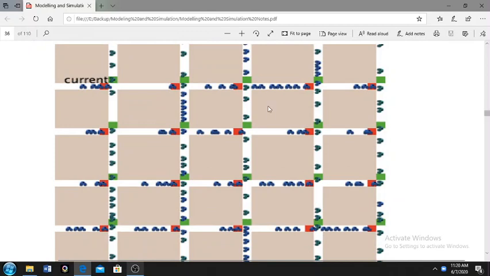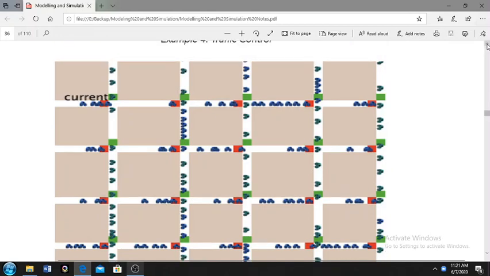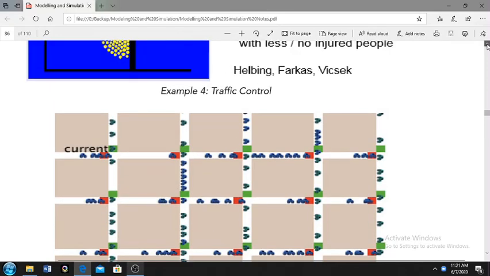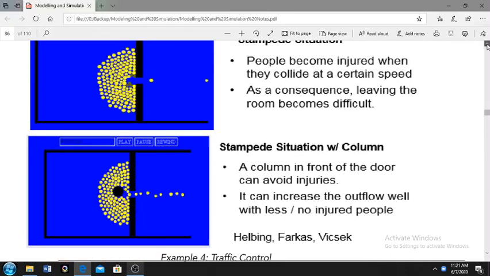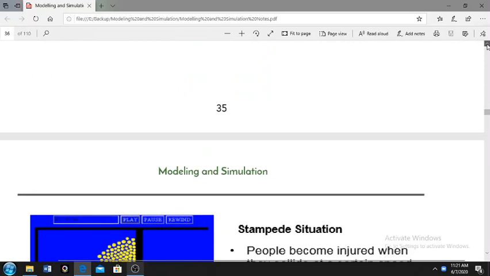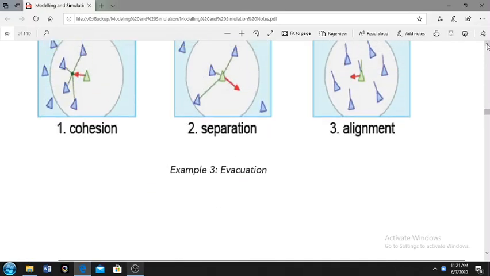Now here we have a mobile. We're in a traffic control system. We have cars moving in all directions. Here there's no cohesion, but they can move in all directions.